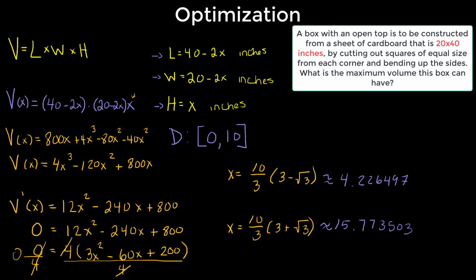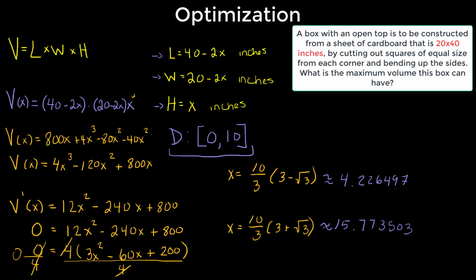I like leaving everything in exact form until the very end, because if you are taking AP Calculus, you're going to want to round to 3 decimal places at the very end. To ensure you have an accurate answer, just make sure you use exact terms until you're ready to estimate. So getting back to it, checking these numbers out, remember, our domain is from 0 to 10, inclusive.